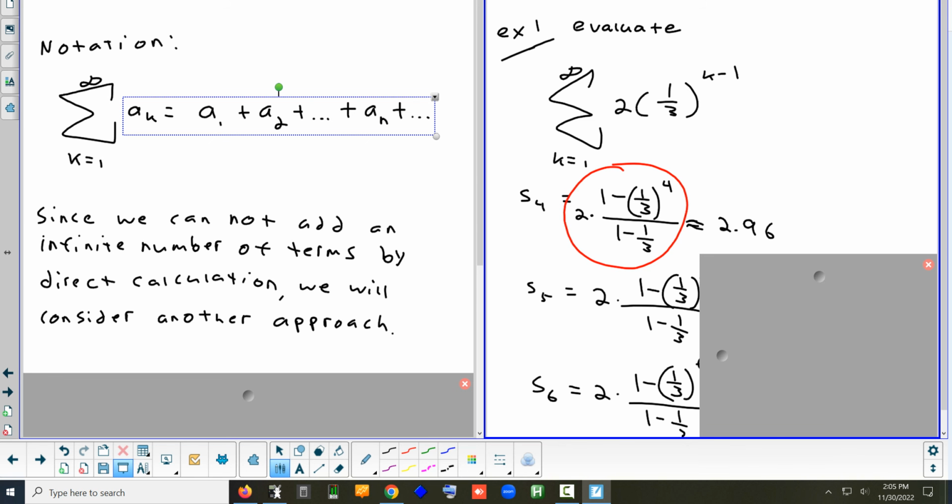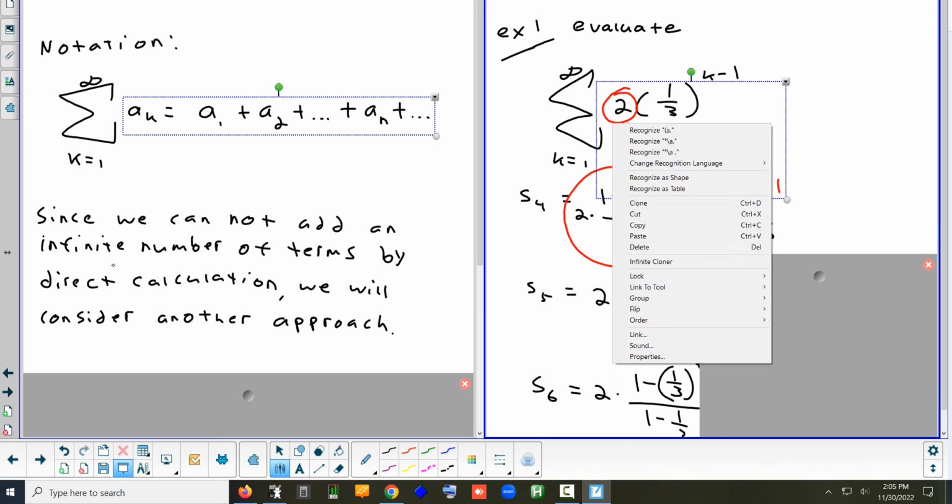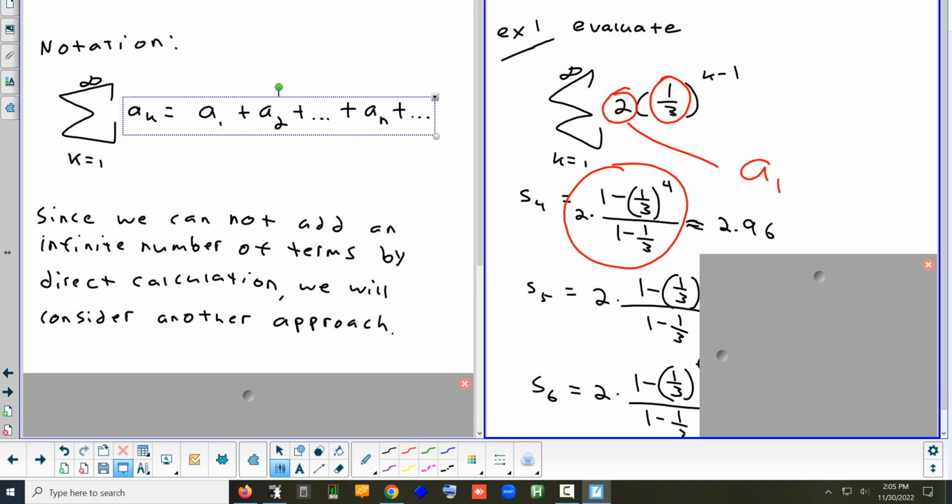If you use the formula from the last section, that's your first term. That's your R. And I'm just plugging those into the formula we had. I started with a 4 as the exponent, then a 5, then a 6.